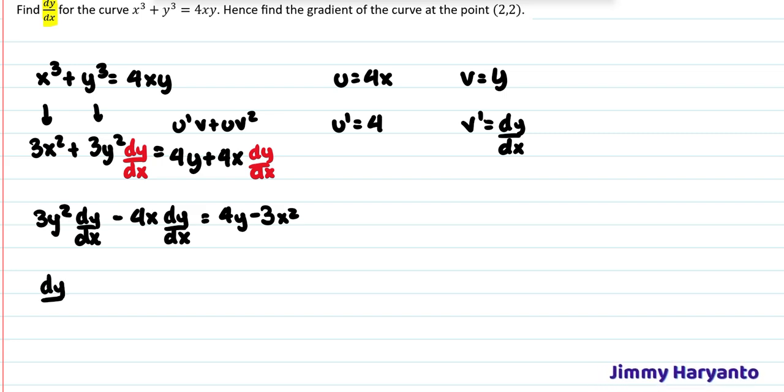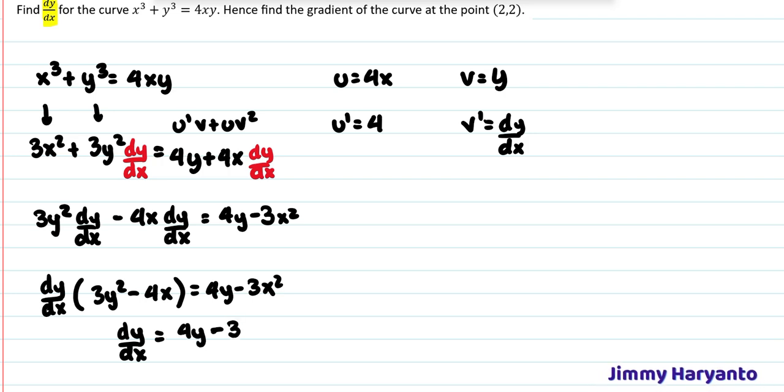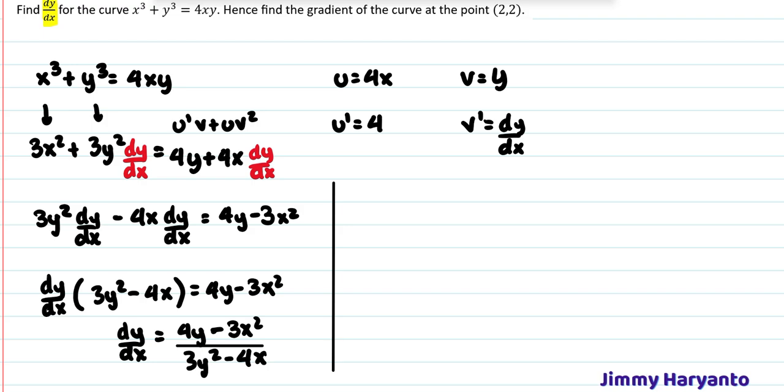And then next is to factorize the dy over dx. You will have (3y squared minus 4x) dy over dx equals 4y minus 3x squared. And then dy over dx equals (4y minus 3x squared) over (3y squared minus 4x). That's it. This is the dy over dx.